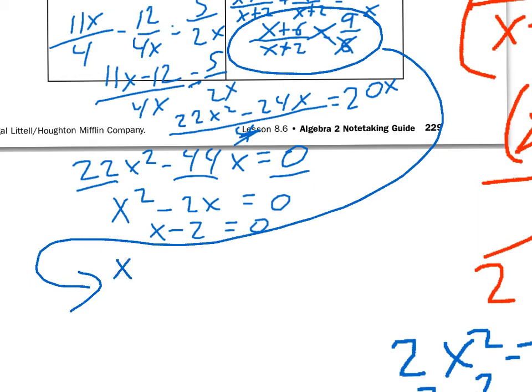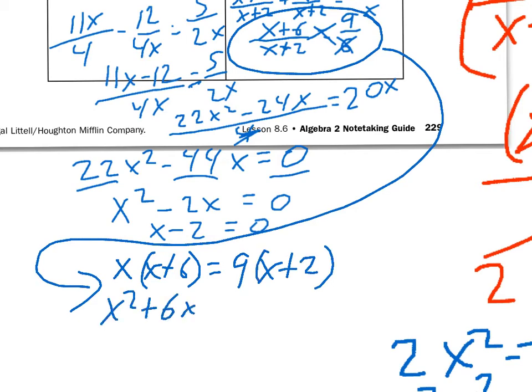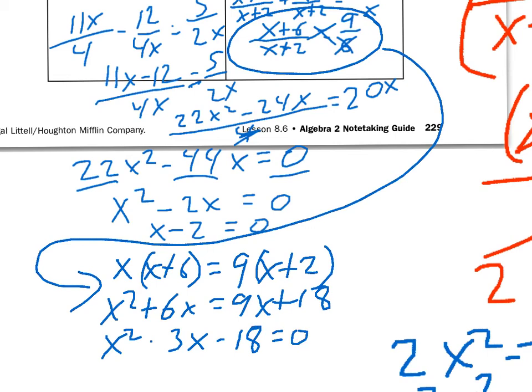X times x plus 6, if I cross-multiplied there, and 9 times x plus 2 over here, and I get x squared plus 6x equals 9x plus 18. And if I subtract the 9x, I get x squared minus 3x minus 18 equals 0.